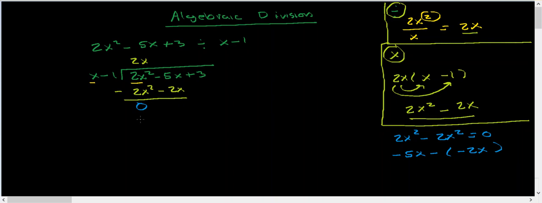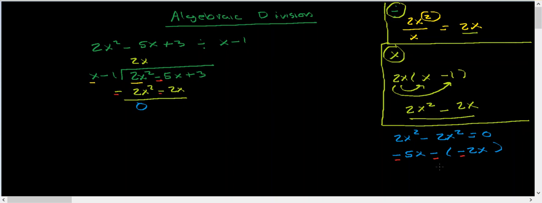Okay, so if we think about where the signs are coming from, this is the minus operation, so that's this sign here. The minus in the 5, that's the minus here, and the minus in the 2, that's the minus here.